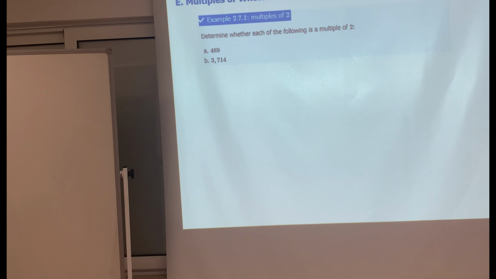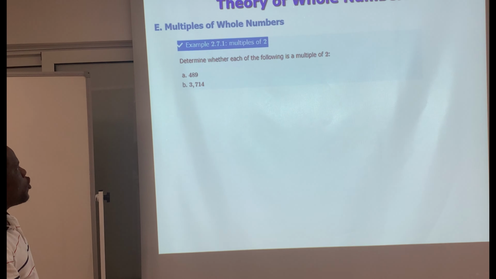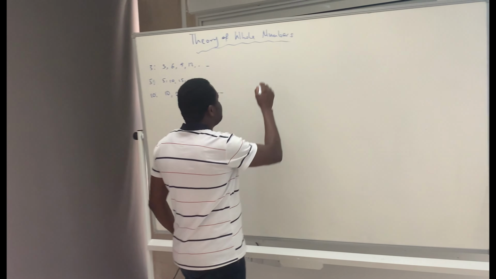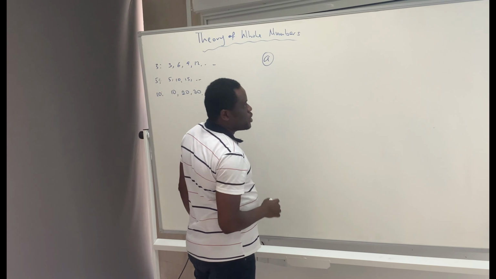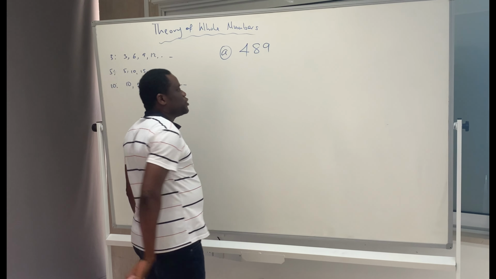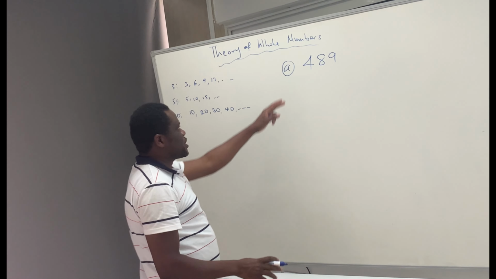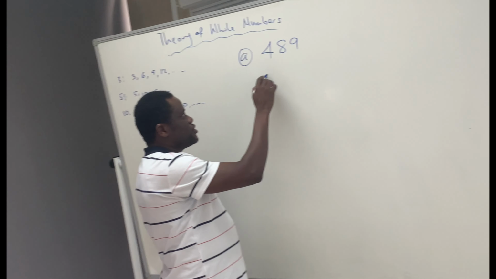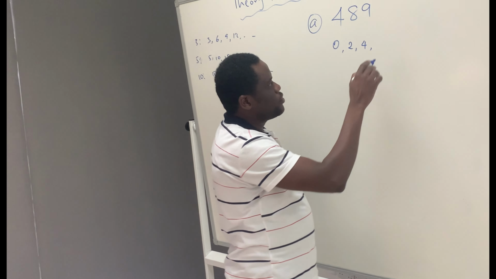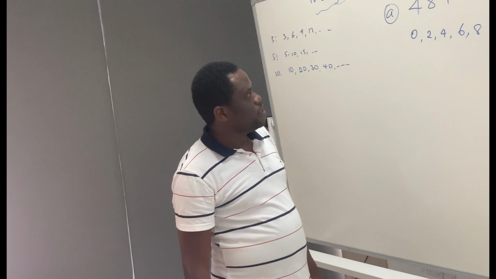So that's what we do. First question: determine whether each of the following is a multiple of 2. First one is 489. To check if it's a multiple of 2, what are the multiples of 2? 0, 2, 4, 6, and 8, right?